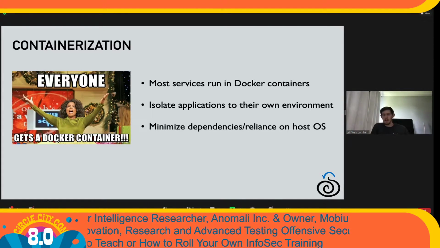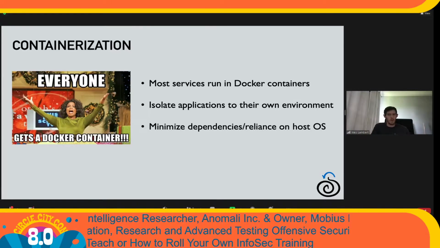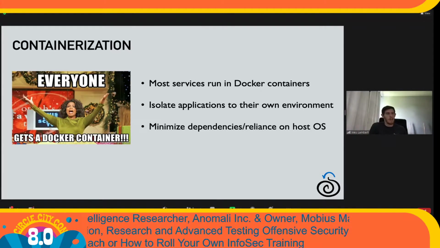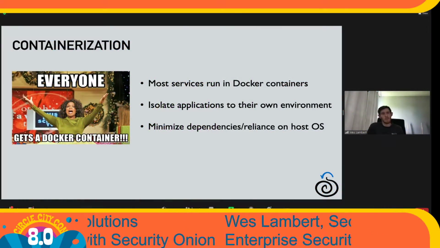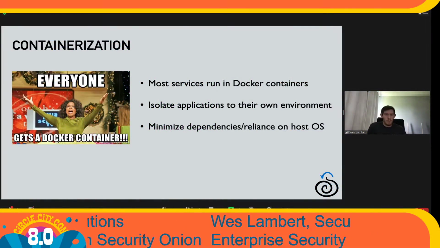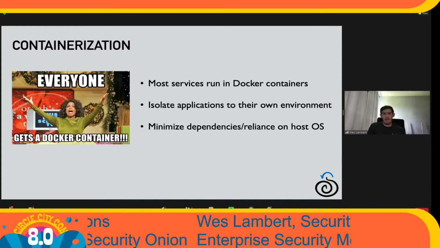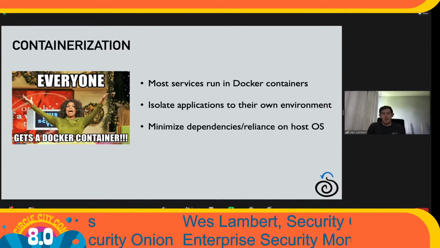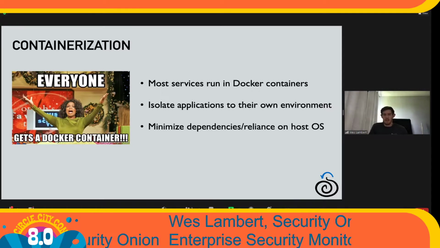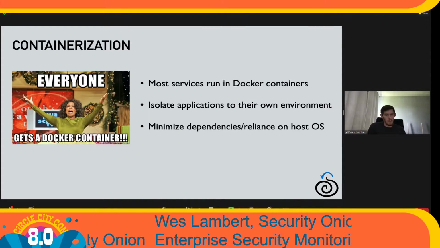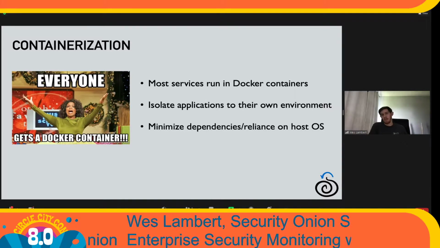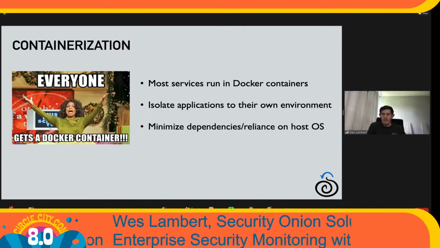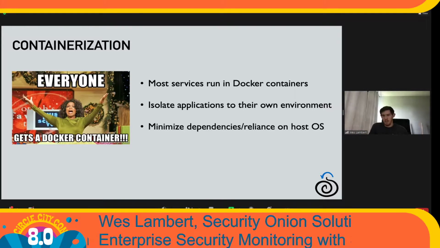So that's really useful from an isolation or security perspective, but it's also useful for minimizing those dependencies and that reliance on the underlying host. And that allows us to be really flexible whenever we're choosing to deploy Security Onion on a platform, right? So while we may only deploy it on Ubuntu 18.04 and CentOS 7 now, it gives us the flexibility to not have to do as much work if we want to move the platform to another supported distribution.